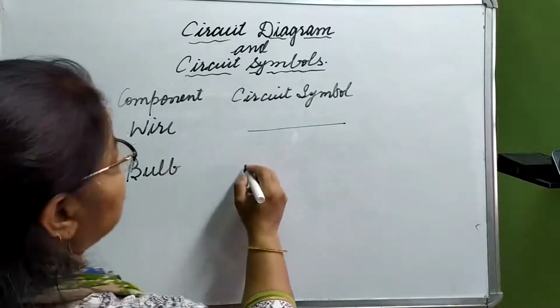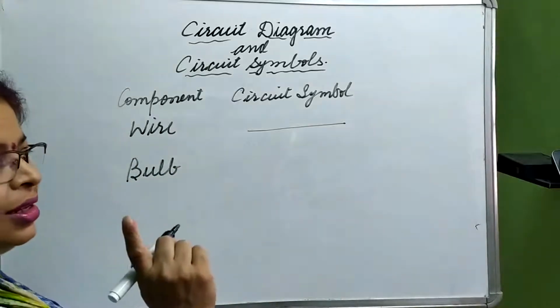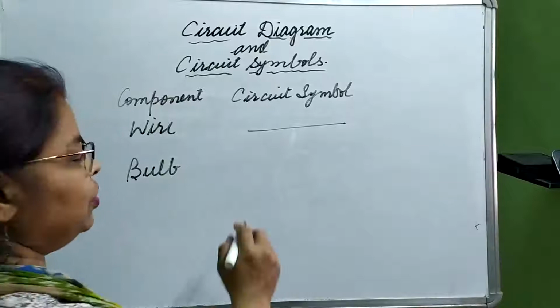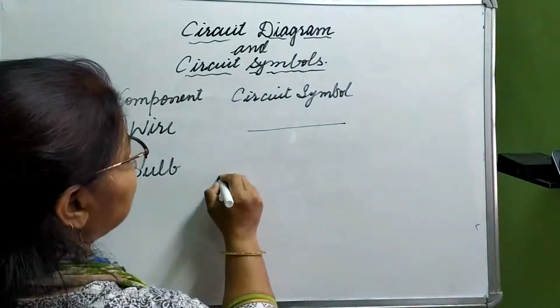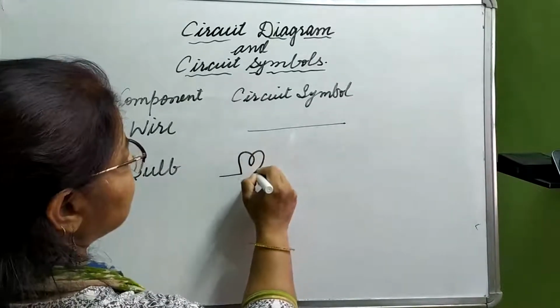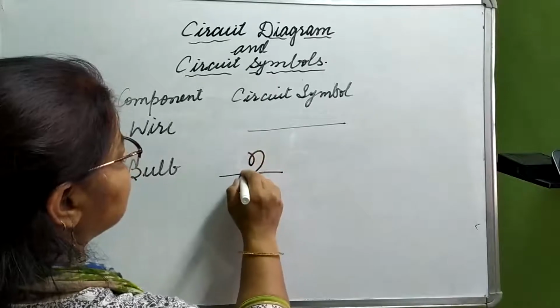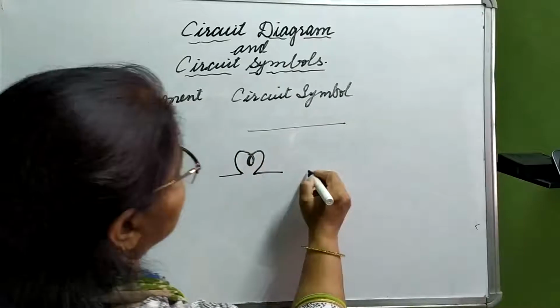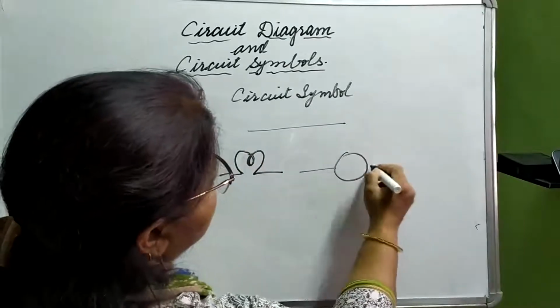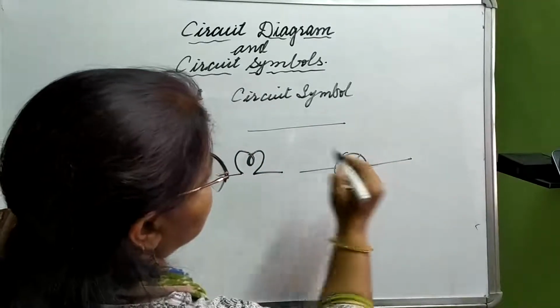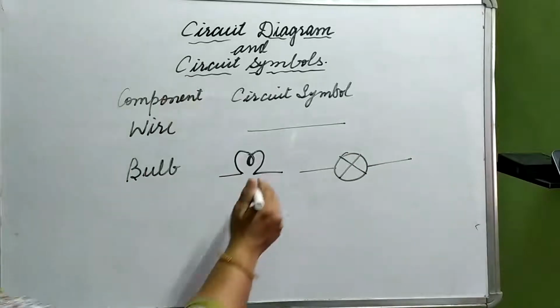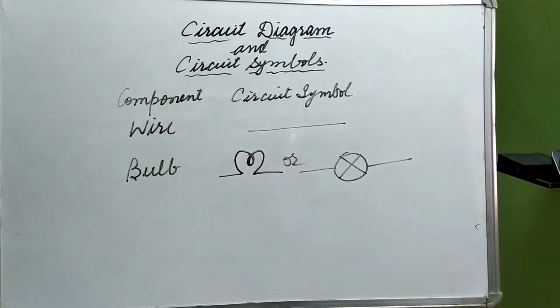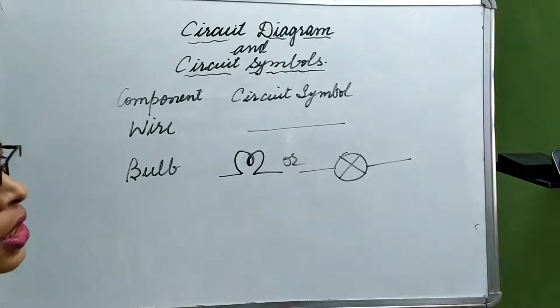Instead of showing the shape of a real bulb, we draw it either this way or this way also. So this is the symbolic representation of a bulb. Then comes the cell.